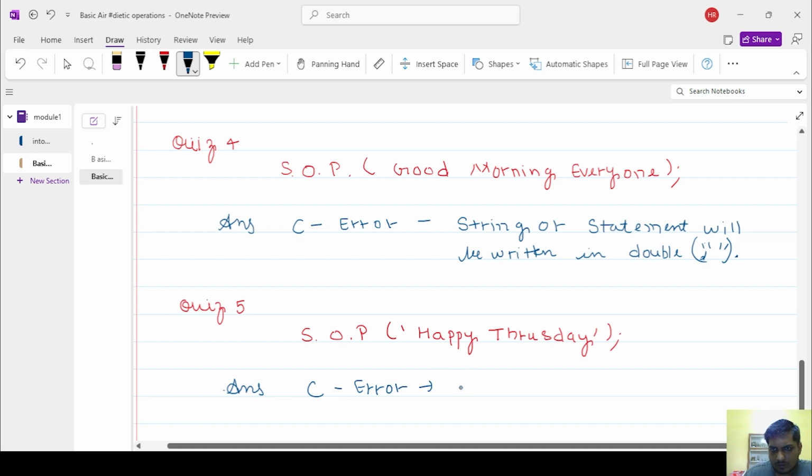Because single quote requires a single character, and double quote multiple characters.